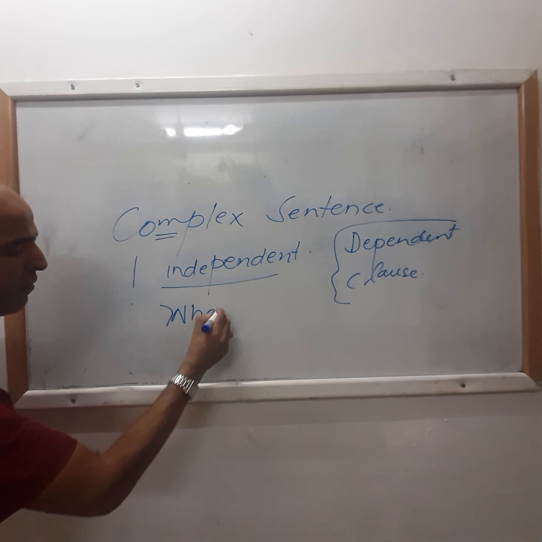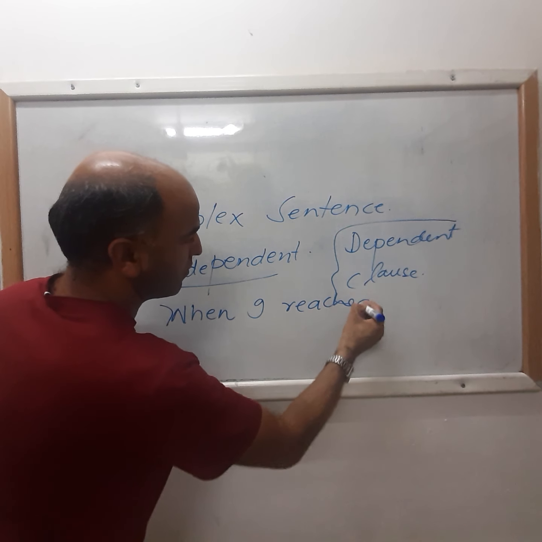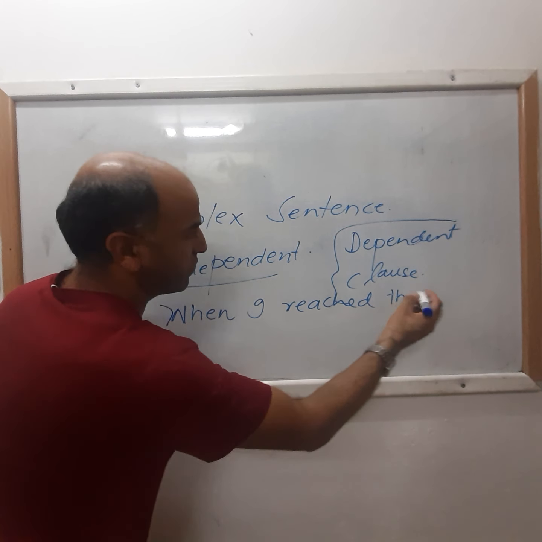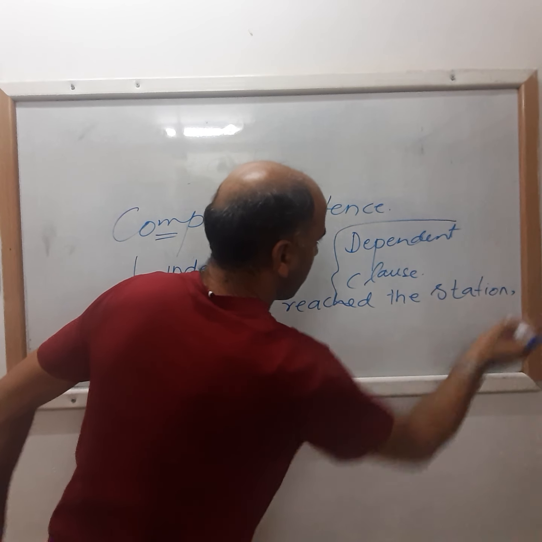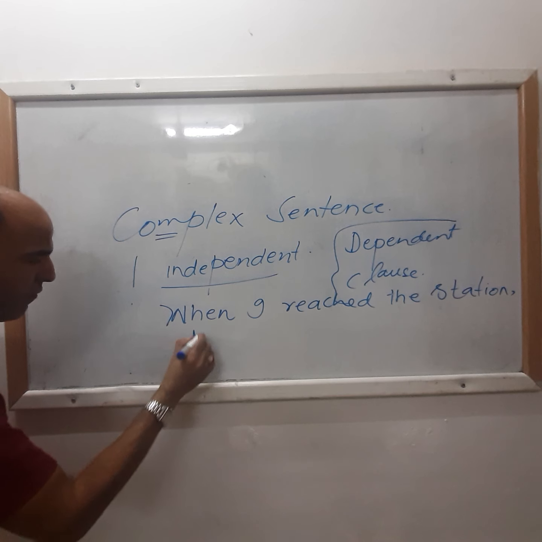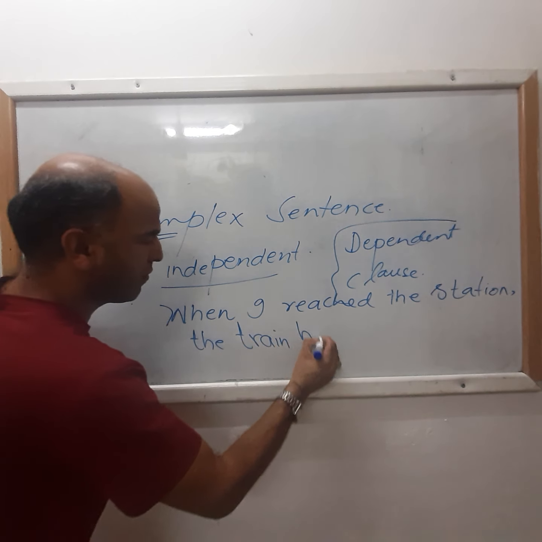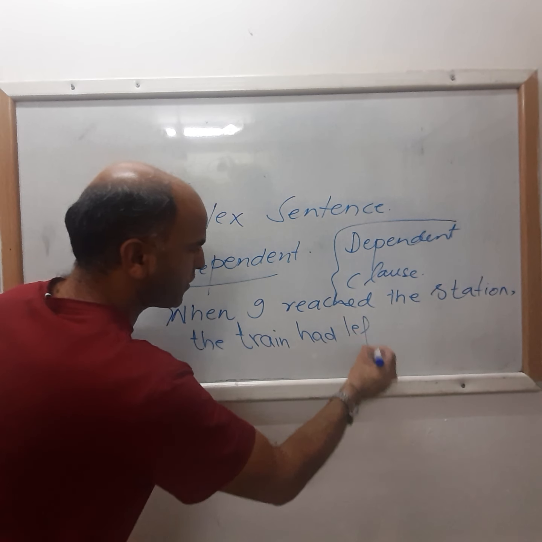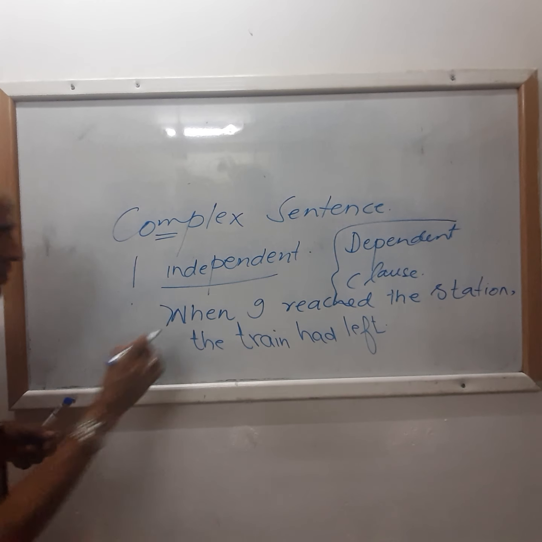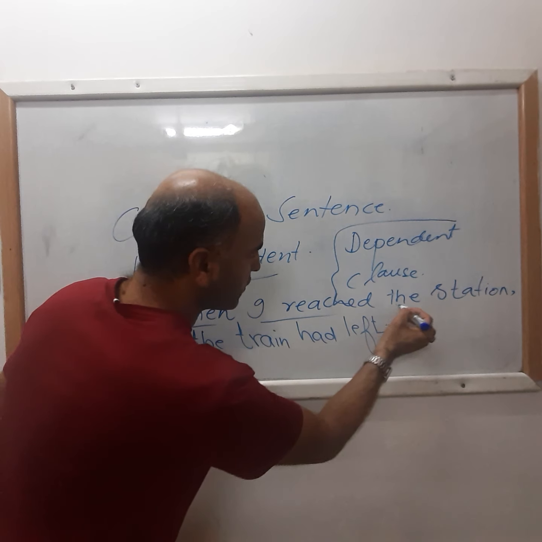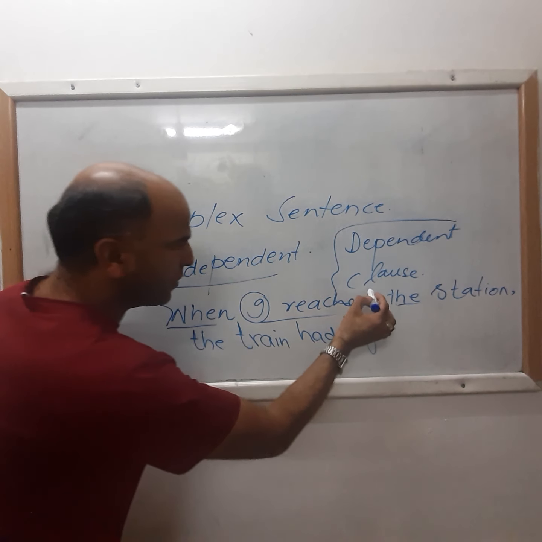When I reached the station, the train had left. Stop. Now, first, when I reached the station, subject is here, verb is here.